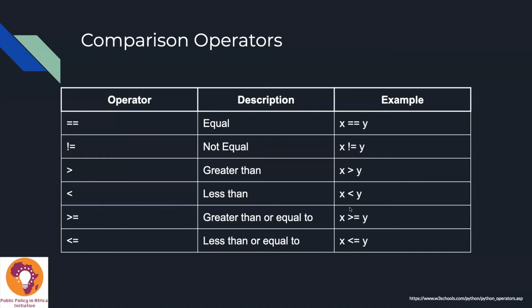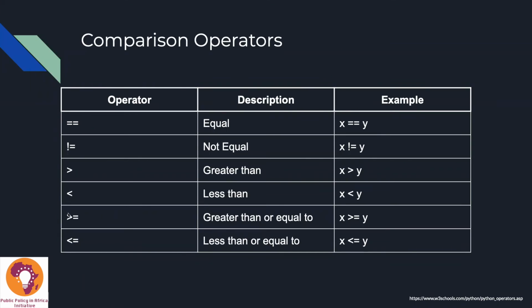Less than operator. So is x less than y? And then greater than or equal. If you also care about whether or not they're equal, you can use greater than or equal. So is x greater than or equal to y? That's the greater than or equal operator. And then less than or equal to is, is x less than or equal to y.